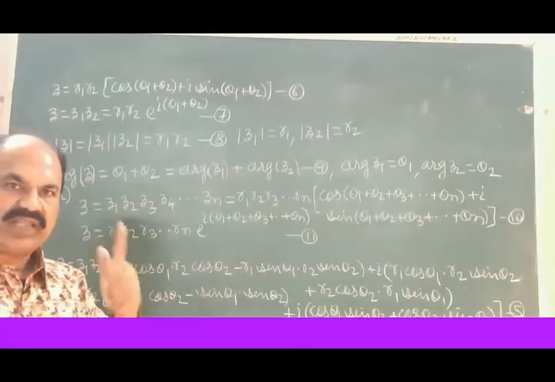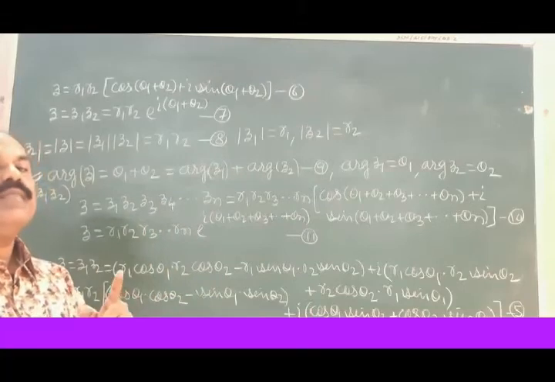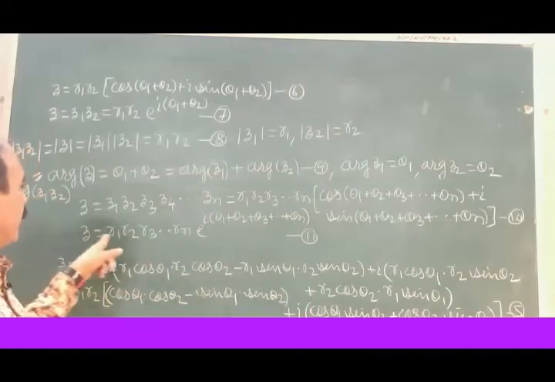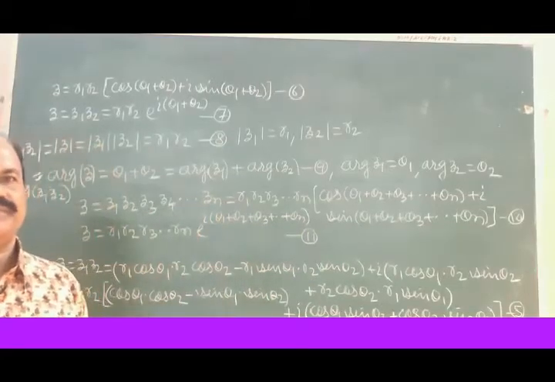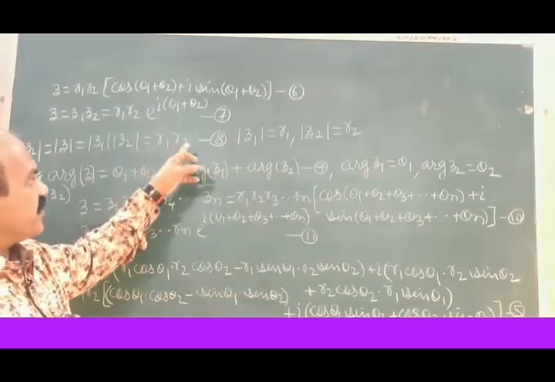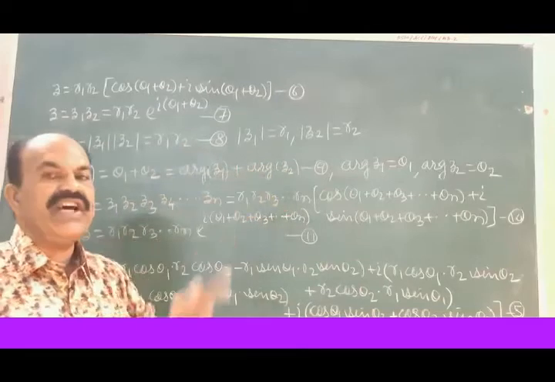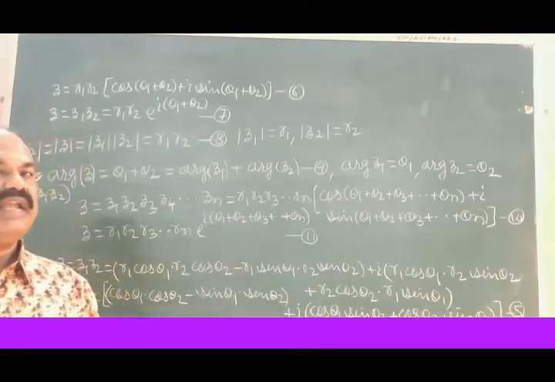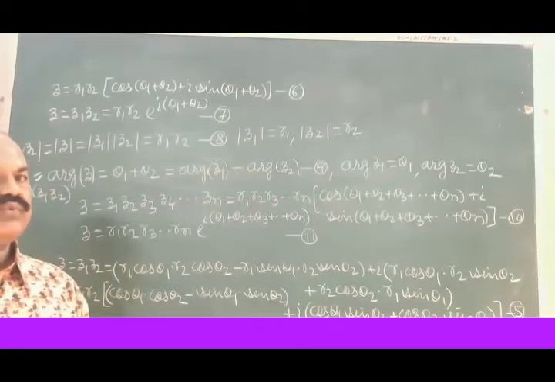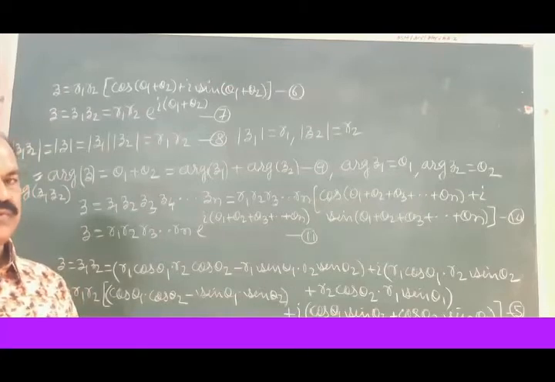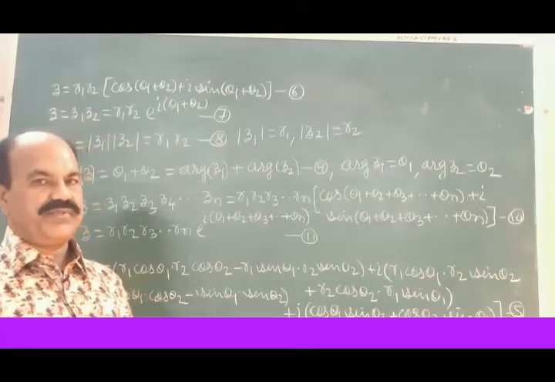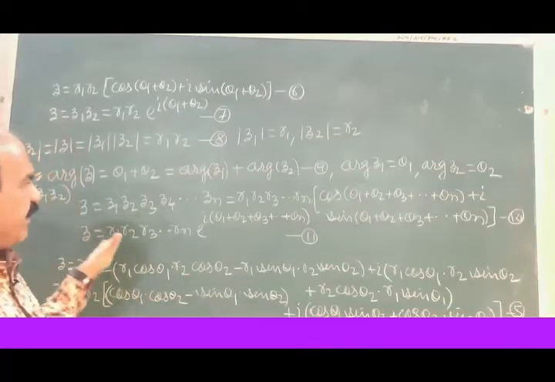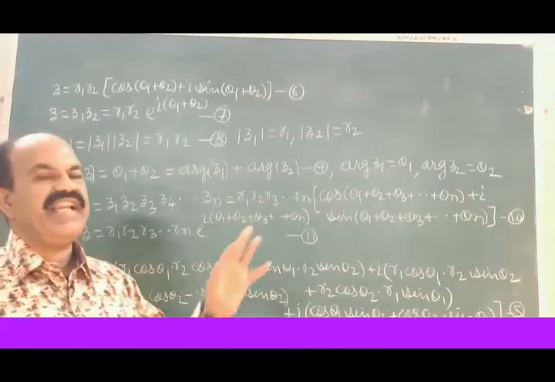Product of n complex numbers in exponential form is equation number 11. From equations 8 and 9, we made two statements. We have drawn two conclusions. Let us do the same thing with equation 10 and 11.